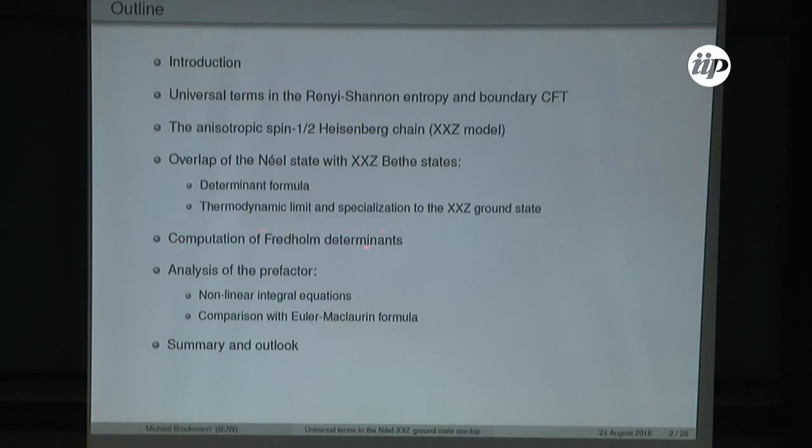The first one is a computation of Fredholm determinants, and the other one is the technique of nonlinear integral equations for spin chains of finite length. We will compare at the end with the Euler-Maclaurin formula and the advantages of the first technique. And at the end I will summarize and conclude.